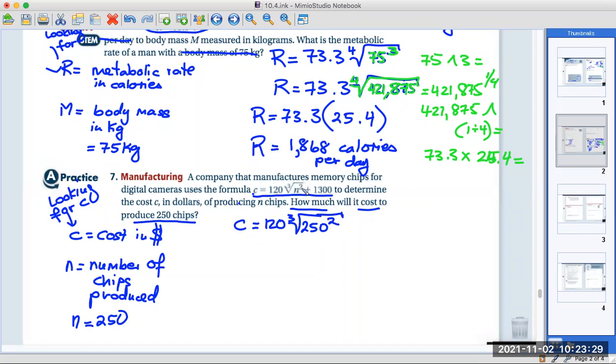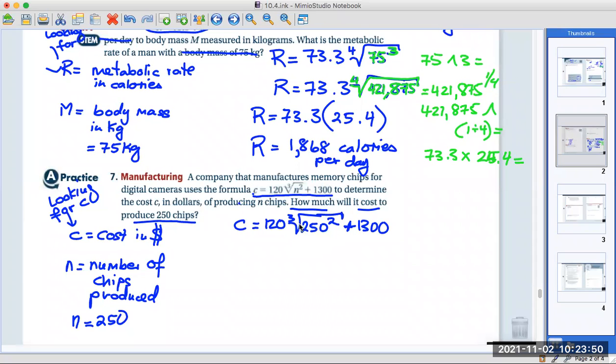But now you close your radical. Notice the 1300 is on the outside, which makes a difference. So your root stops here. This is all that's under the root. The 1300 is extra, so that makes it a different answer than if you put it under. So you want to close your radical to show where it stops, okay?